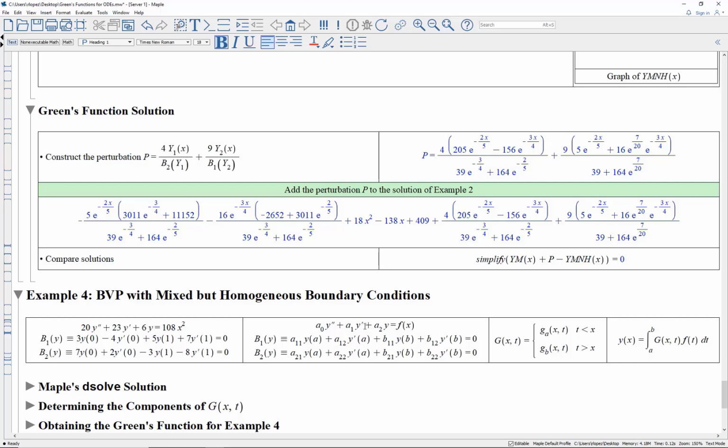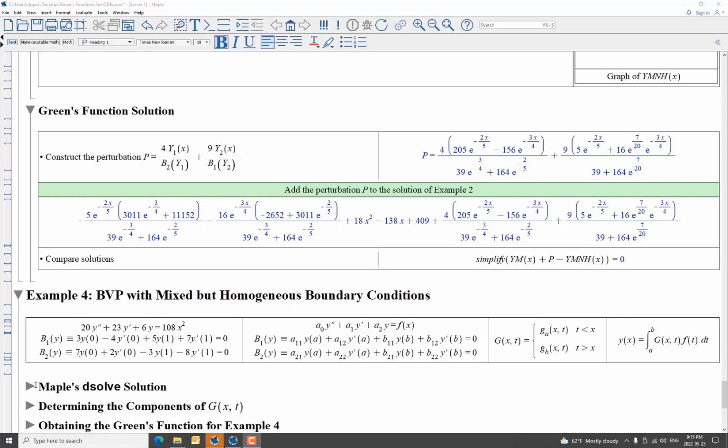General form of the differential equation, general form of the data. The Green's function will have two chunks called GA and GB. This chunk is for t less than x, and this chunk is for t greater than x. When you get the Green's function, then you can solve the problem.